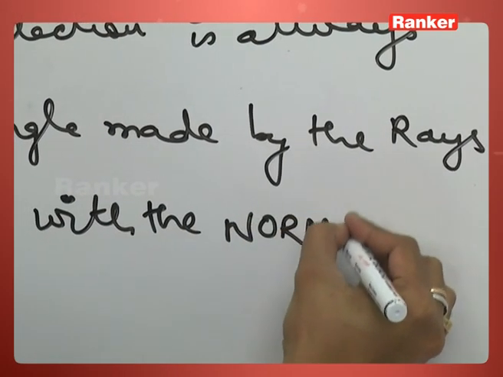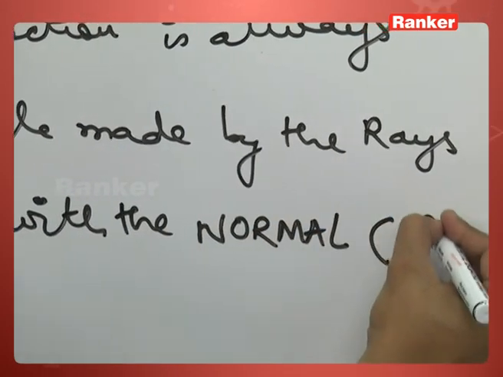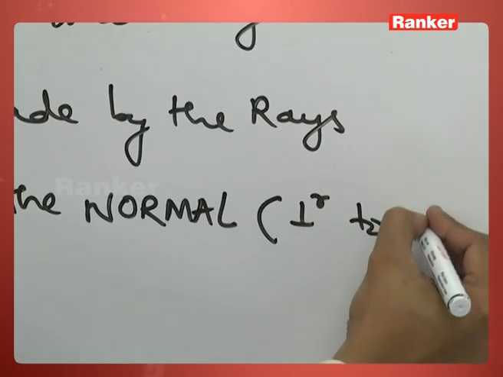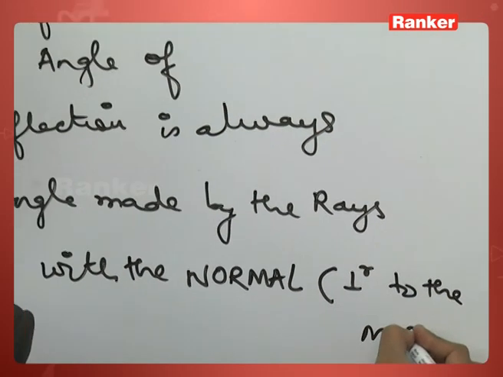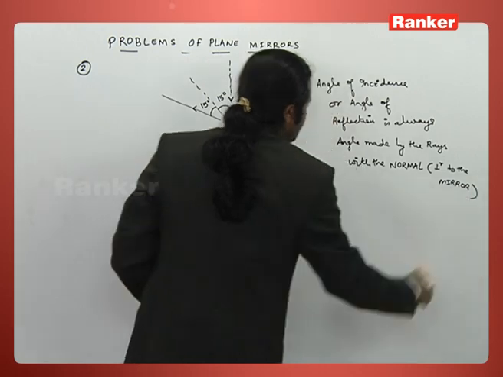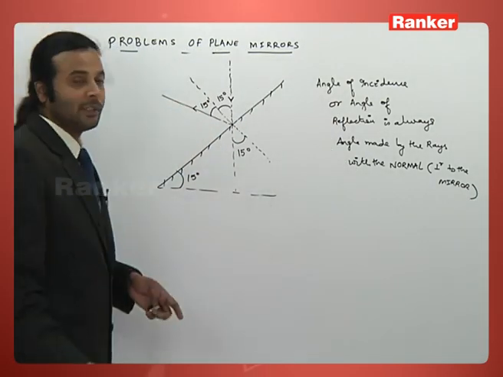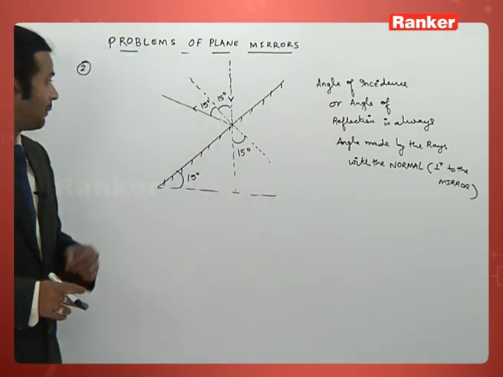Normal means perpendicular to the mirror. So this is 15 degree, this is 15 degree. So the angle of incidence is 15 degree.